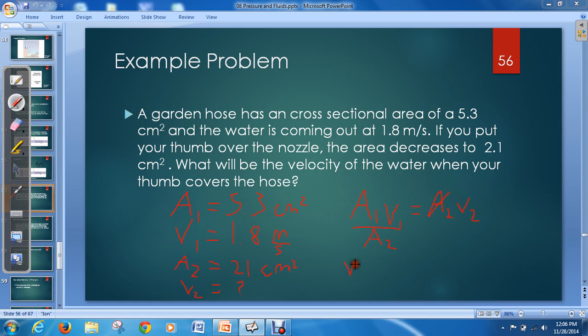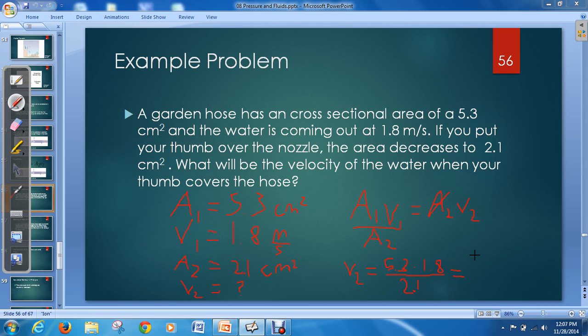And so now we just got to plug in the numbers. So we get V2 equals A1, which is 5.3, okay, times V1, which is 1.8, over A2, which is, sorry, not 21, 2.1 centimeters squared. All right, so last step, we just plug that in our calculator.